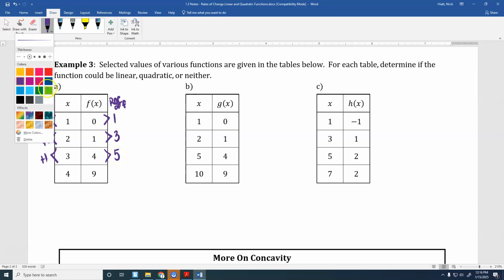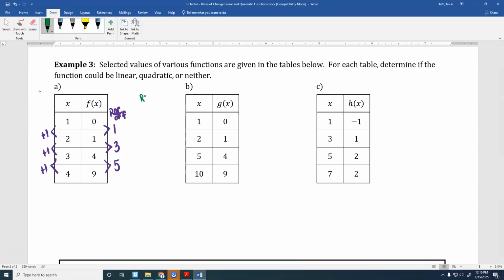You could do the rate of change of the rate of change of f. So if I look at what's happening here, when I go from 1 to 3, that goes up by 2. And when I go from 3 to 5, that goes up by 2. That is linear, right? So if you do a second difference and you get the same numbers there, then this is quadratic. This is what it's going to look like whenever these are quadratic. So this is quadratic.